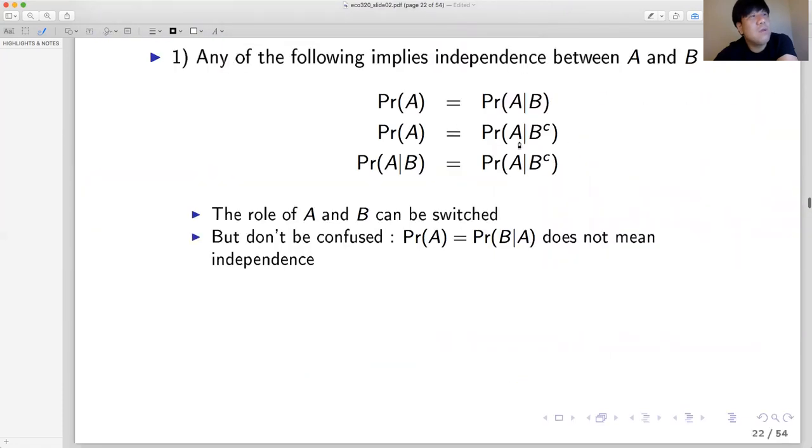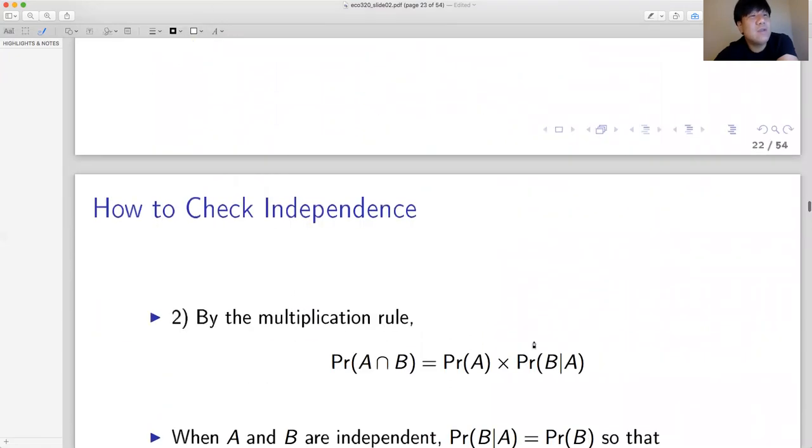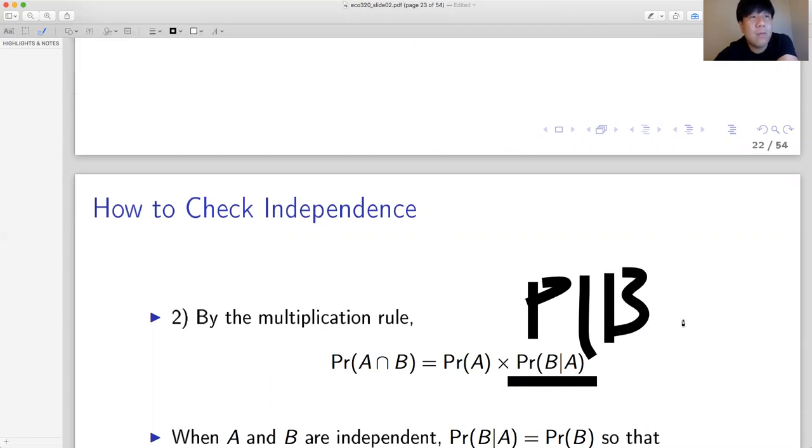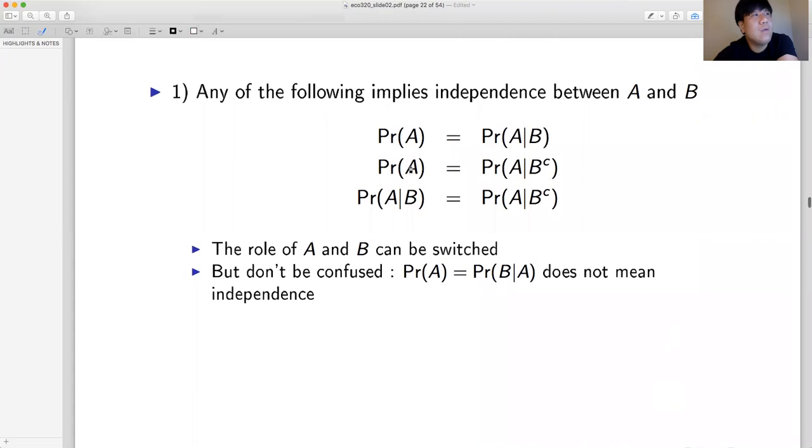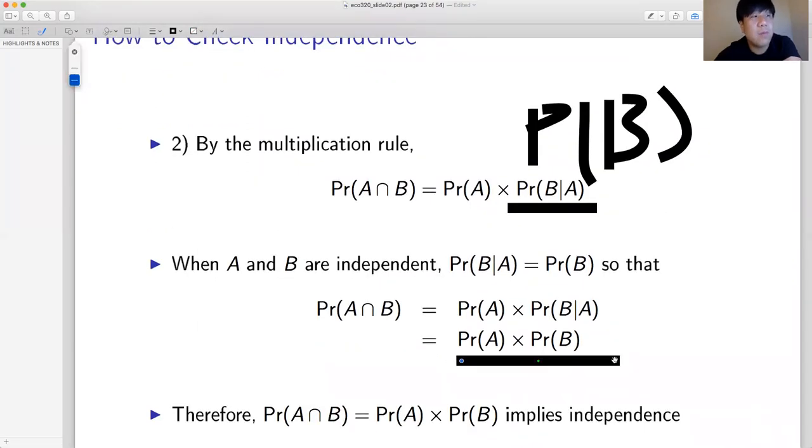So using the previous result, probability of A equal probability of A given B, that means probability of B equals probability of B given A. So if they are independent, this one equals probability of B, using this first one, okay? So substitute back, that means probability of A intersection B equals what? Probability of A times probability of B. That means they are independent, right?